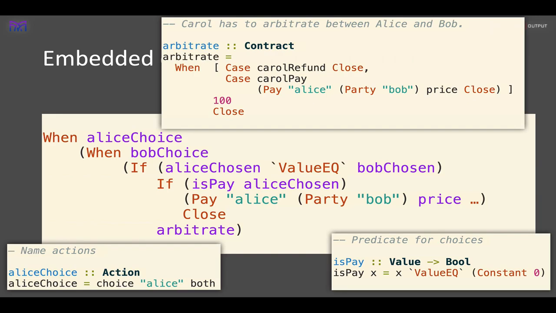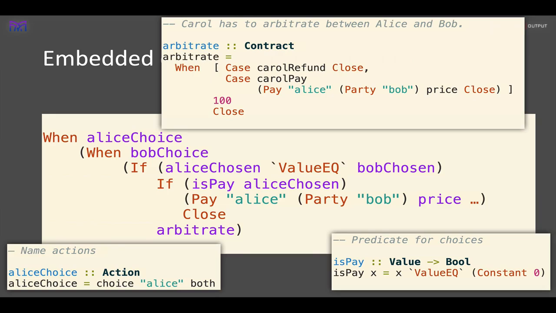So we can write contracts, as I say, that are easier to read, easier to maintain, easier to understand. We can do that using not particularly complex parts of Haskell, simply, as you can see at the top and the bottom left, to write abbreviations, and on the bottom right to write simple template functions.